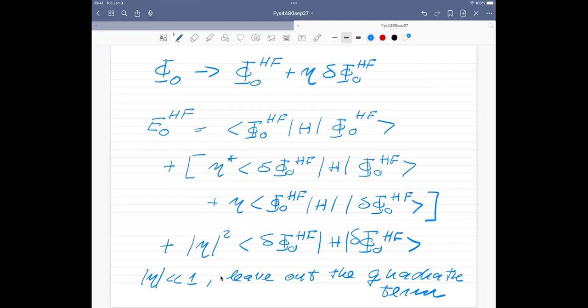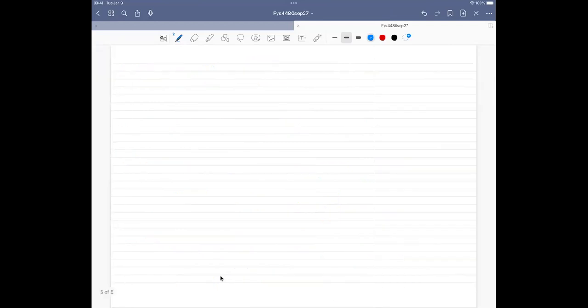So that gives us a term which we define as a variation in the expectation value of the energy, with that, the Hartree-Fock quantity. So what we have then, we can define something which we call E0 Hartree-Fock, which is then given by these two terms.